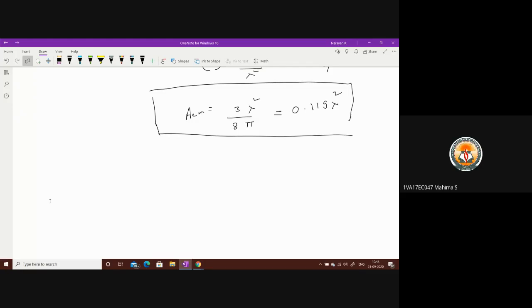Okay, next one more derivation. This is your derivation 2 for today.